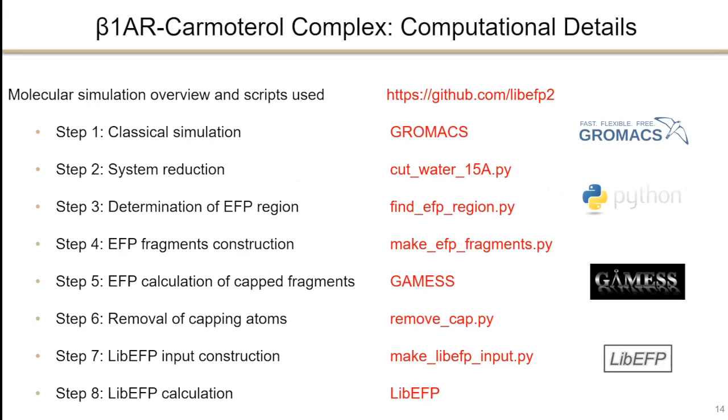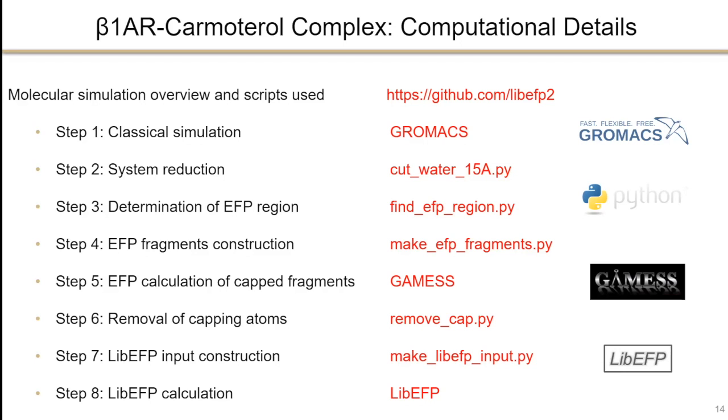Step 6, removal of these capping atoms and associated parameters. Then step 7 is building the EFP input file, and step 8 is the calculation. All these scripts we will make available in the EFP2 GitHub account. We will eventually post them there once we validate that they work correctly.